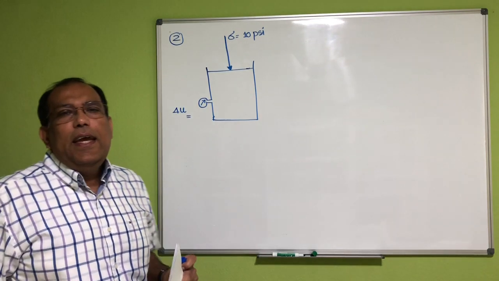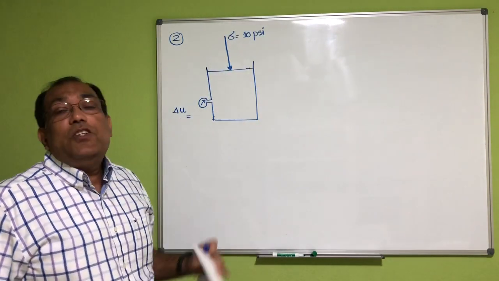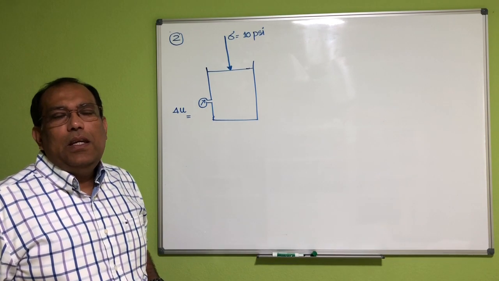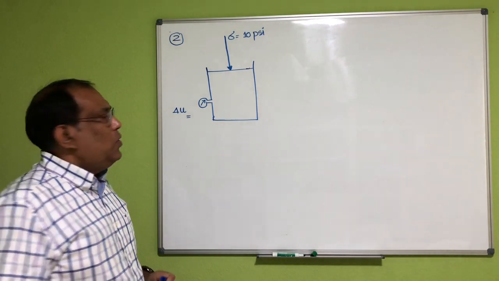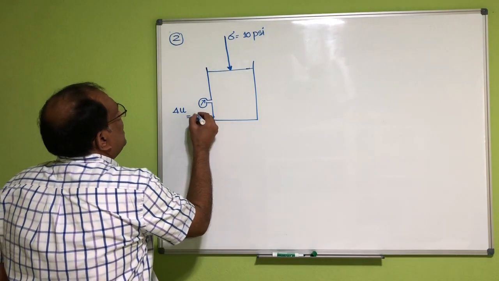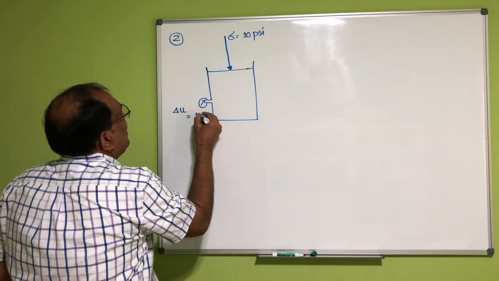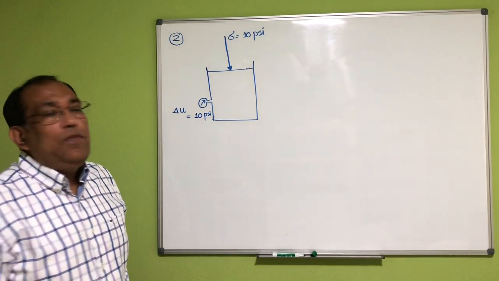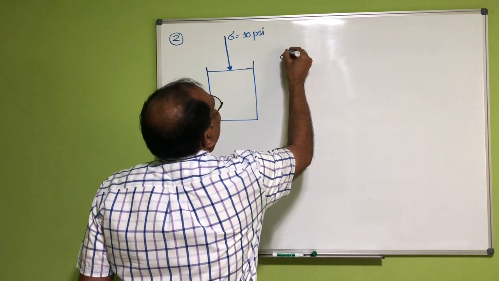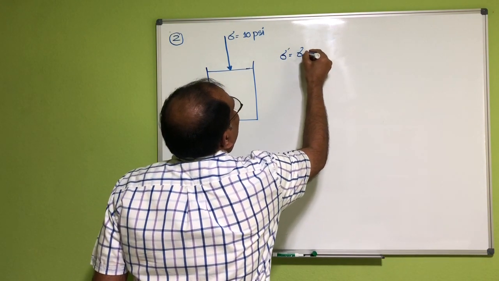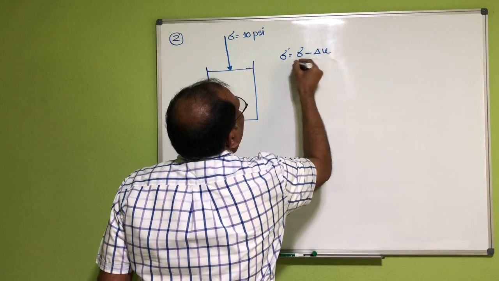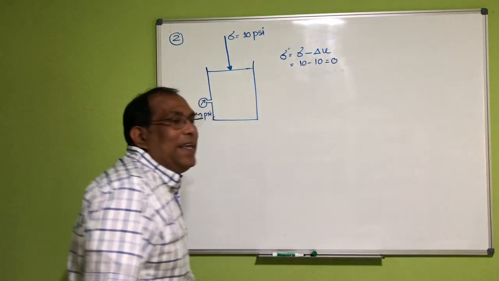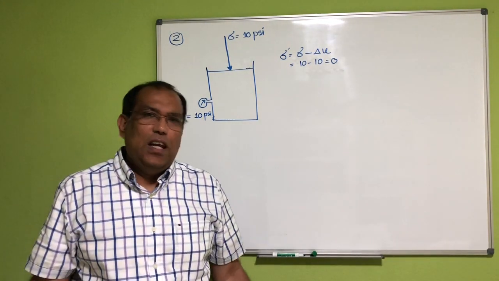At the beginning, all the total pressure you were applying to that soil mass would be taken by the water itself. So you will see that pore water pressure would be 10 psi here. In that situation, your effective stress would be 0, meaning the soil is not taking any stress at all.